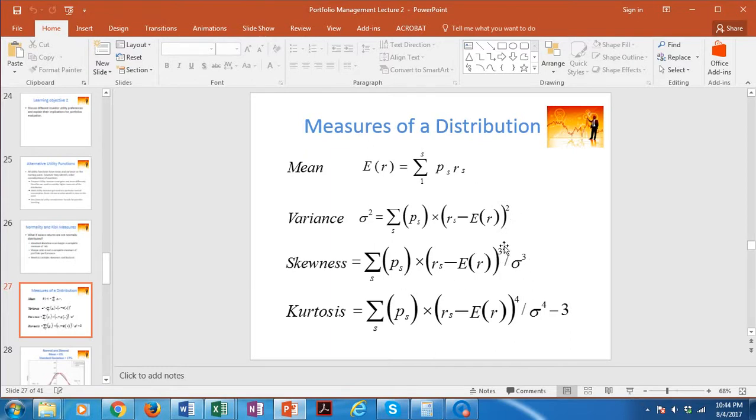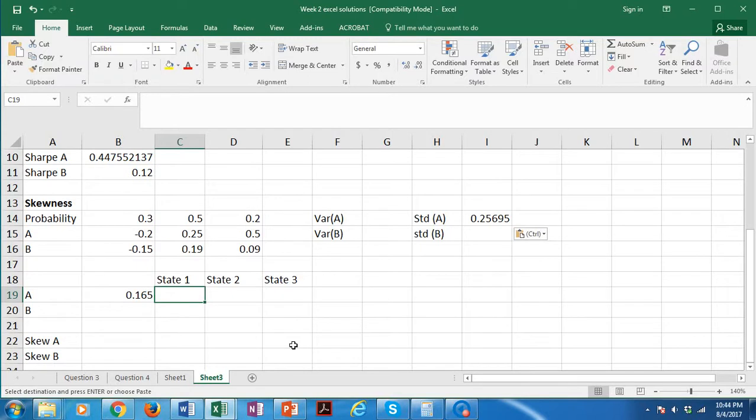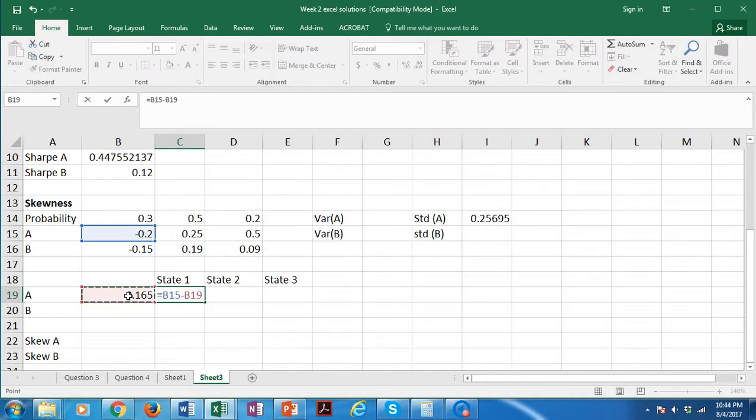I mean, instead of a square, now we will put cube. So let's do it. First we will do it for state 1, then we will do it for state 2 and state 3, and then we will sum them up to get the skewness of stock A. So equal return of a stock A minus expected return of a stock A. So we put them in a bracket and cube according to formula multiplied by probability.